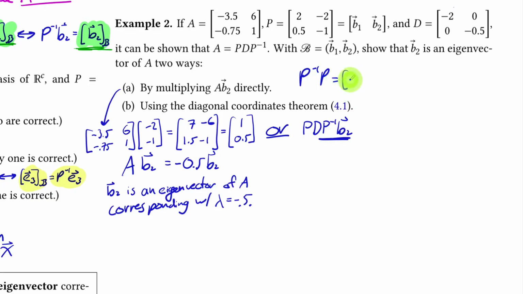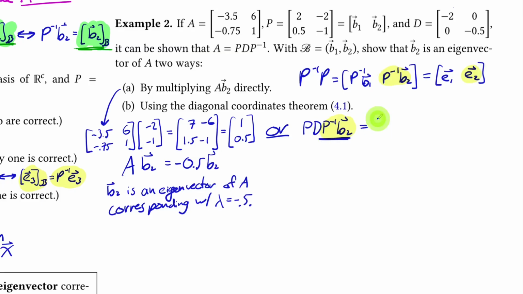We also know that we could think of that as a matrix whose two columns are each P inverse times the first column of P, and the second column is P inverse times the second column of P, and that should be the identity, right? So, in other words, P inverse times b2 should be equal to e2.